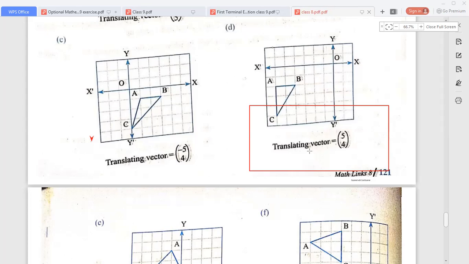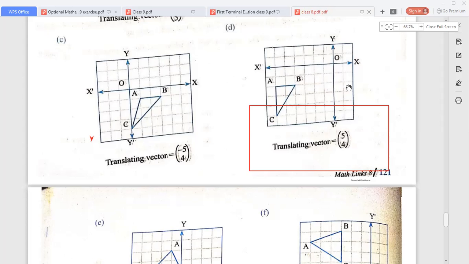Okay, 5, 4. And what is the meaning of this translation vector? How many units and in what direction do we have to go? 5 units right. Very good. 4 units up. Very good. You are also understanding very well. Okay, my dear students, you are understanding very well.